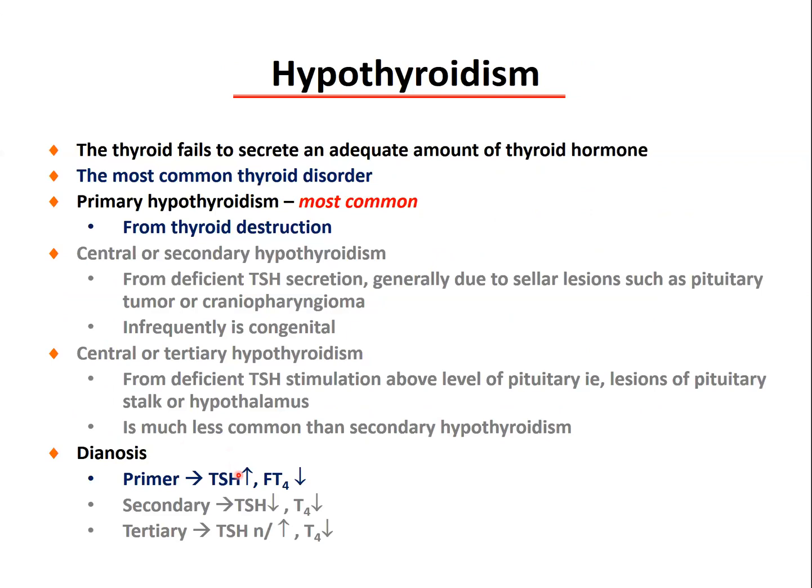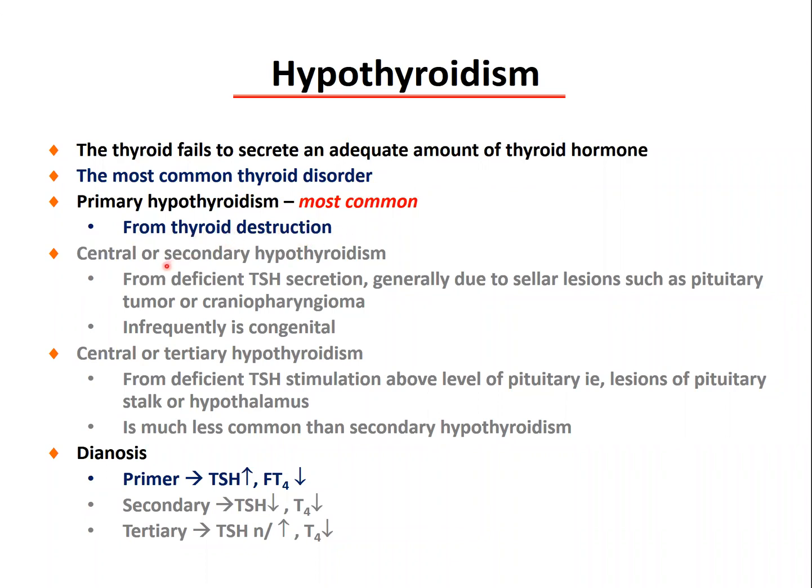Now let's start with the different diseases, beginning with hypofunction of the organ. In hypothyroidism, in the primary form, the gland is not going to secrete the hormone. This is relatively the most common thyroid disorder, and it is usually due to thyroid destruction.